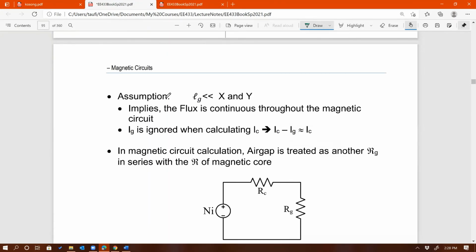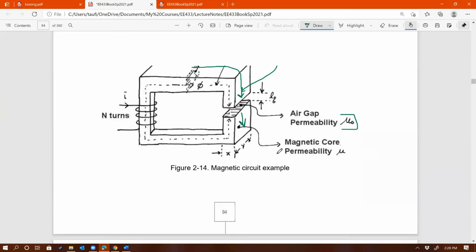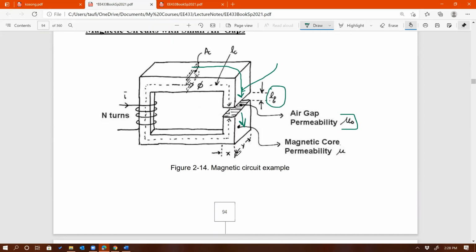Now the air gap itself should be much less than the dimension of the core, x and y. What is x and y in this case? I think it's the width and the depth. Yes. So the length of the air gap should be much smaller than the physical dimension of the core. Why?